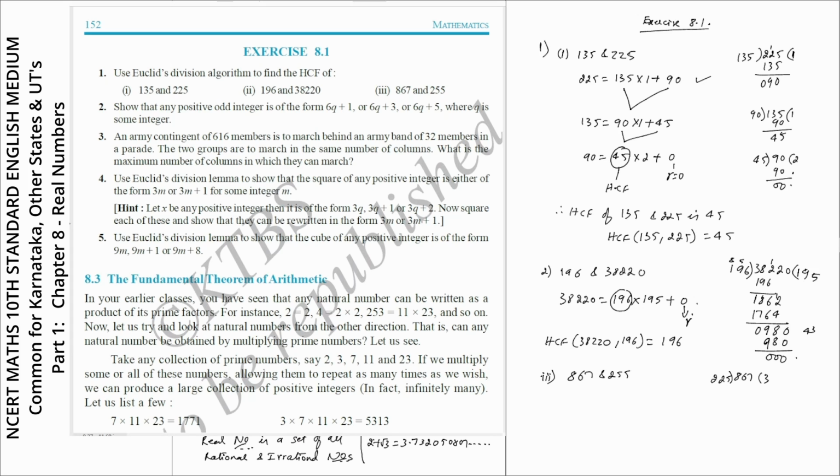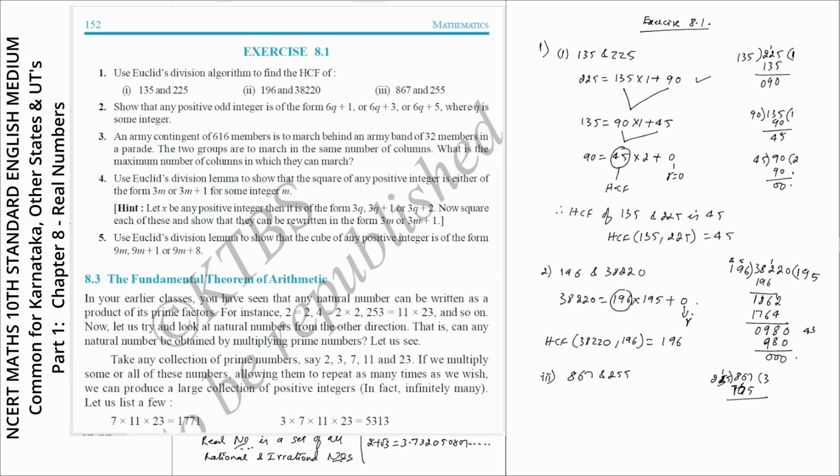So 3 5s are 15, carry 1, 3 5s are 15 plus 1 16, then 3 2s are 6 plus 1 7, 765.